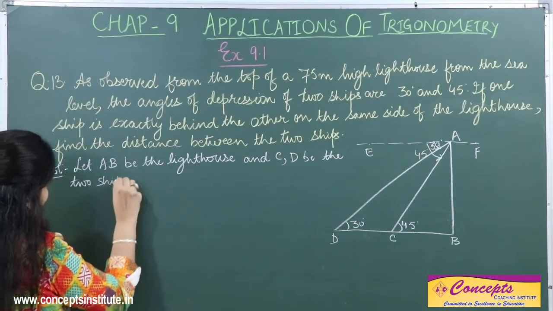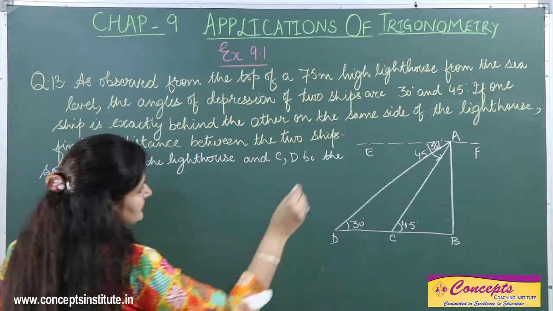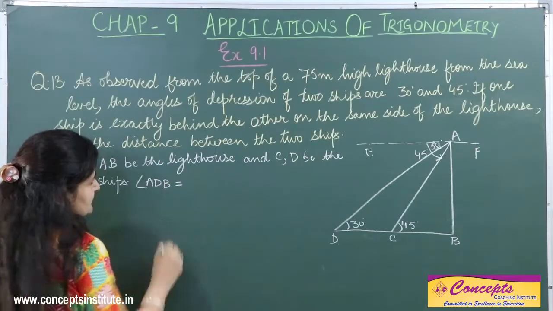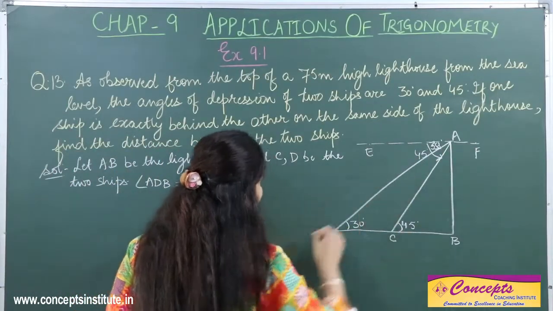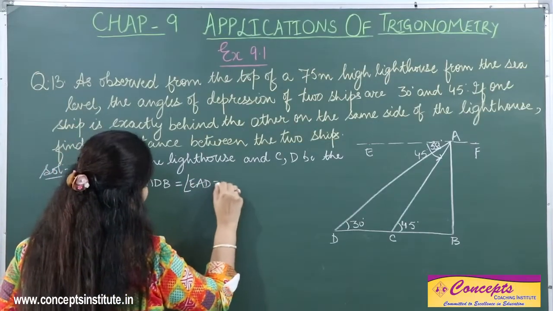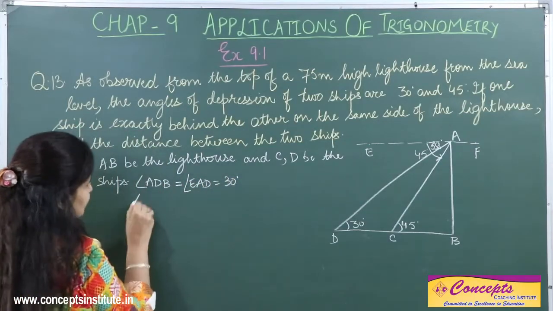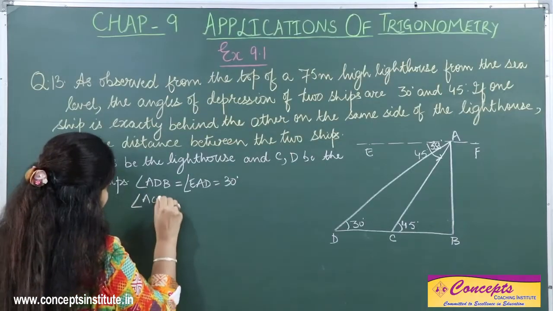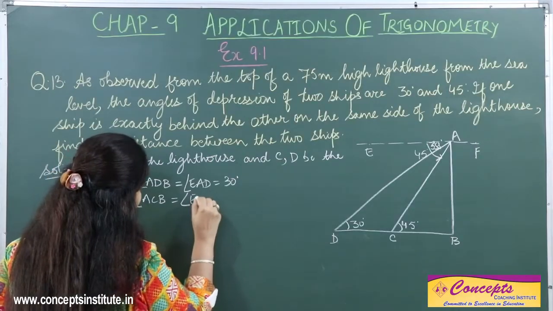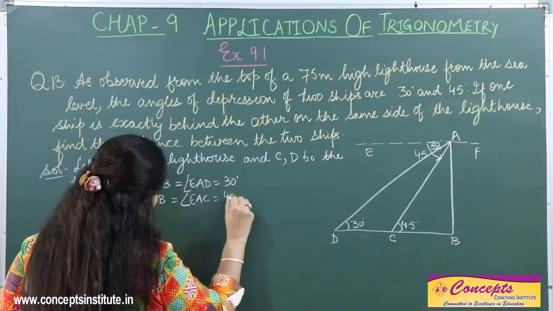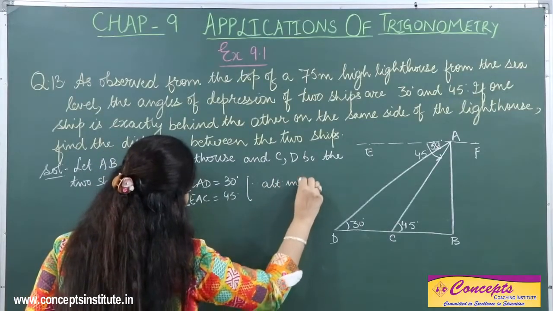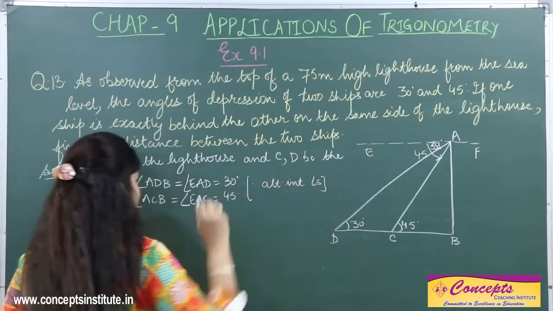Now what do we have? Angle ADB is equal to angle EAD, this would be 30 degree, and similarly angle ACB would be equal to angle EAC, and this is equal to 45 degree, of course, because these are alternate interior angles.